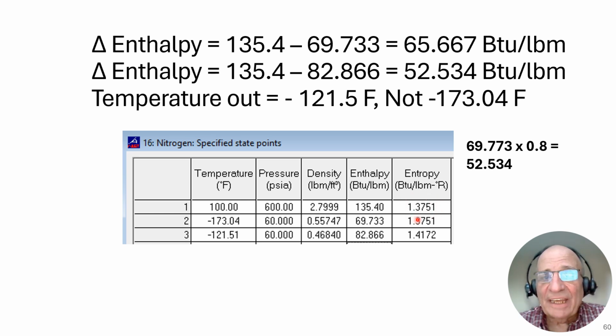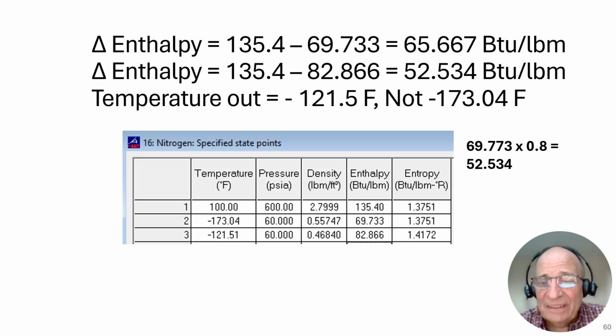If it's an ideal adiabatic isentropic expander, we know that the entropy in is equal to the entropy out. So we input 1.3751 here on the entropy, and we need one more intensive property, and we have it here, which is 60 psi absolute. Once we input those two properties, we know that the rest of the row will populate.